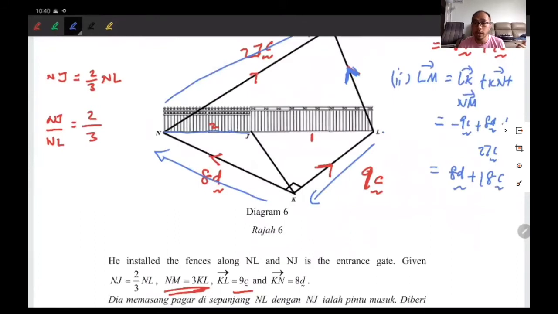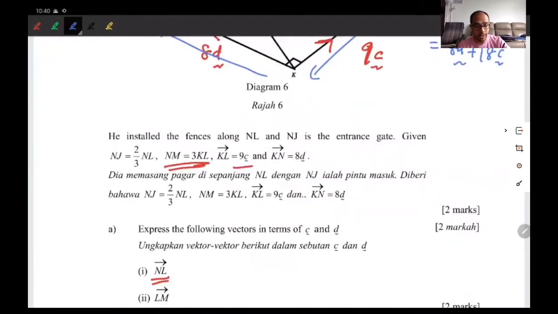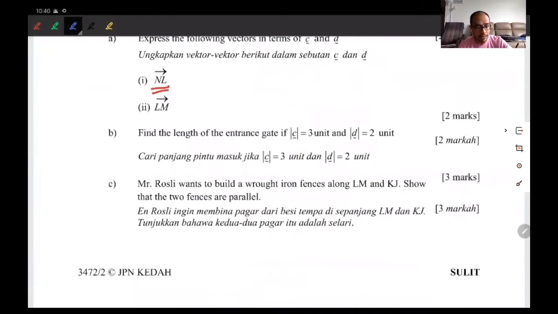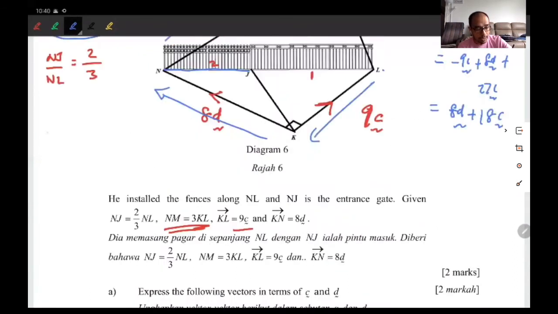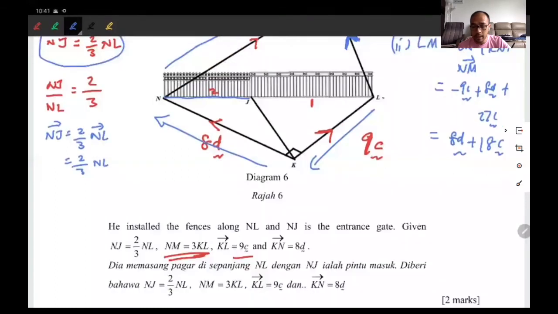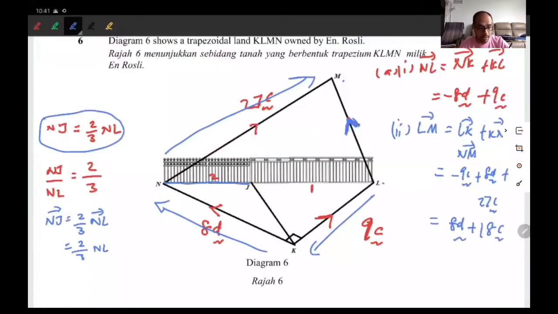We need to find NJ first, and NJ equals 2 over 3 NL, which we already have. NL is negative 8D plus 9C.